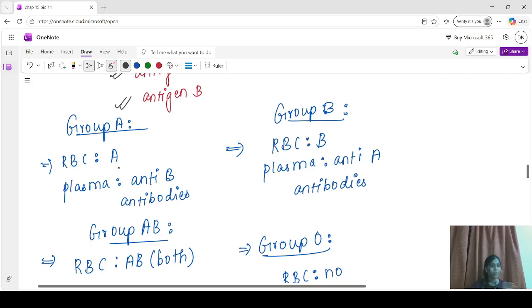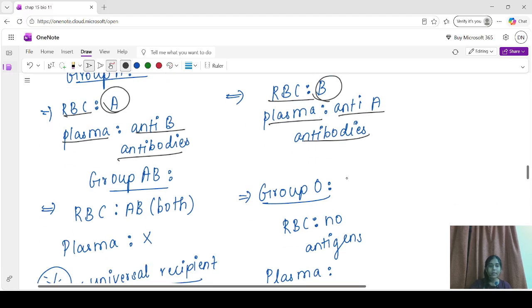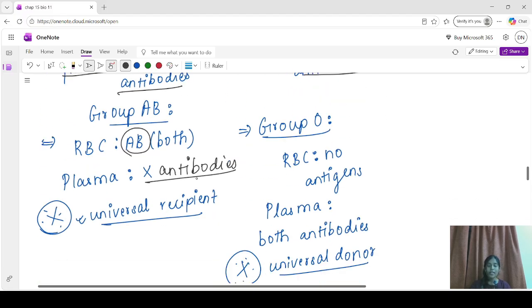There are four blood groups: A, B, AB, and O. In group A, the RBC antigen is A, and plasma will contain anti-B antibodies. In group B, RBC will contain antigen B and plasma will contain anti-A antibodies. As there are no antibodies in the plasma, group AB is called the universal recipient.